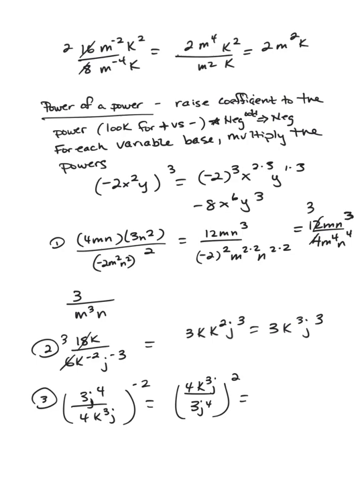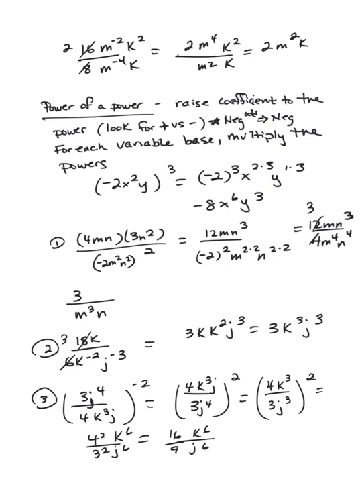So for the j's, I'm going to subtract the larger coefficient, which is in the denominator. Now I'm going to square everything. So I'm going to get 4 squared k to the 6th, 3 squared j to the 6th. And there you have it.